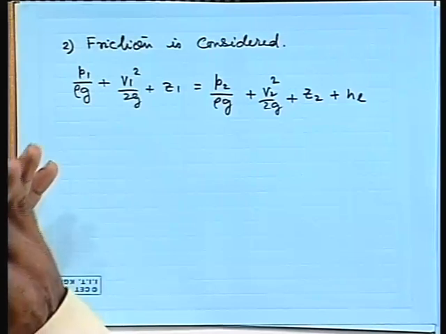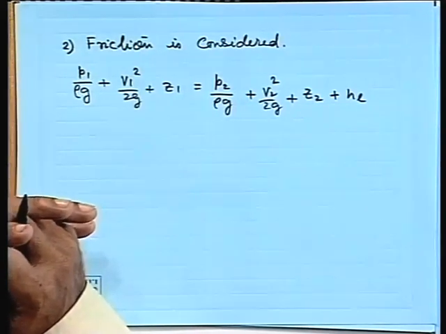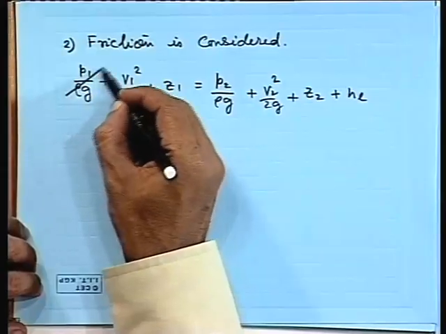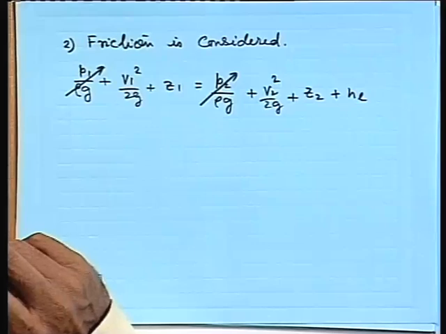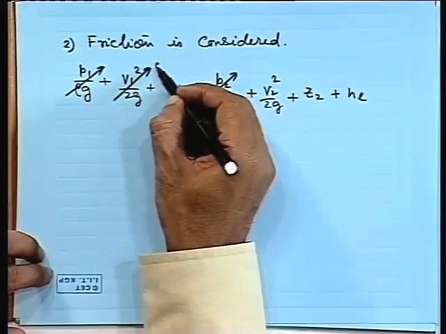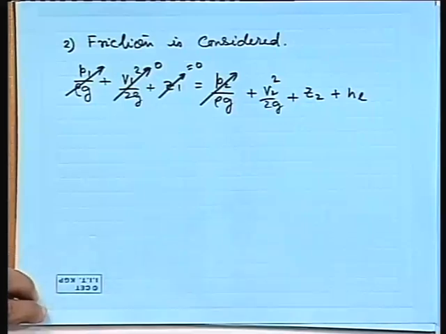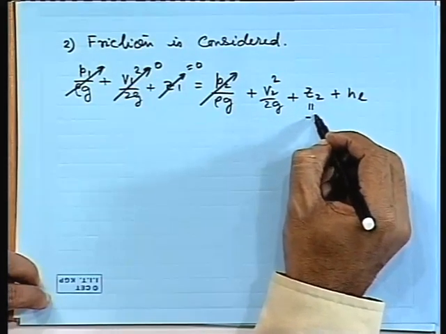So the first part of the problem I am doing again with friction. That means I am trying to determine Q when friction is considered. Again, just like the first case, P1 and P2 are atmospheric pressure, so they drop. This is negligibly small and this is equal to 0, and this is equal to minus H1.